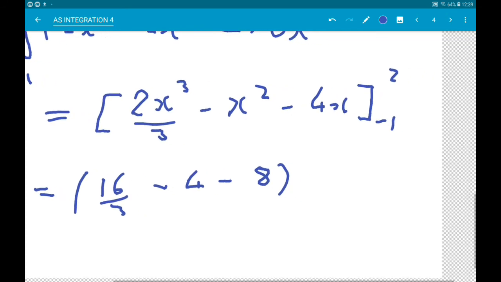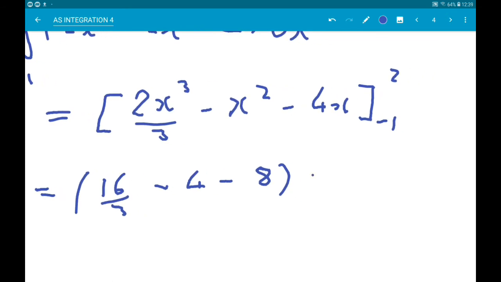So, minus, now we're going to get minus 2 thirds, and then we're going to get minus 1, and then minus 4 times -1 is plus 4.